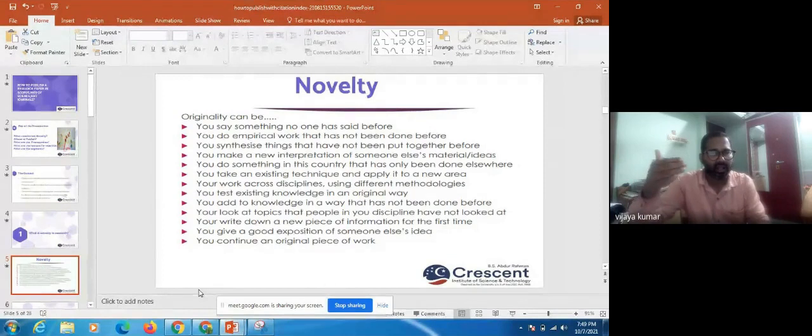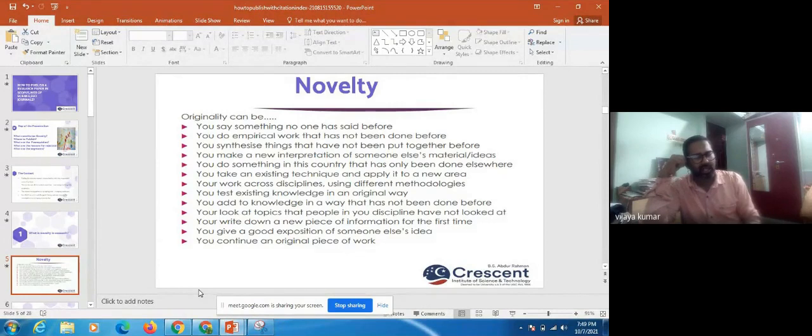Okay. The fourth way to achieve novelty is you can make a new interpretation of somebody else's material. Let us say a student of literature is reading the works of Thomas Hardy or Robert Frost or any particular work. Different people have interpreted it in different ways using different theories.